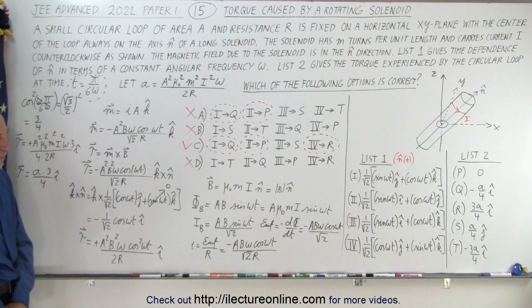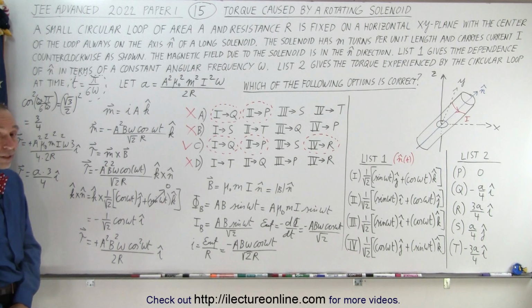That was a crazy problem, and it certainly takes a whole lot longer than 3 minutes to solve this. But that's what makes the JEE Advanced tests so difficult: it sometimes takes a long time to figure this out, unless you can find a shortcut method to work through it.